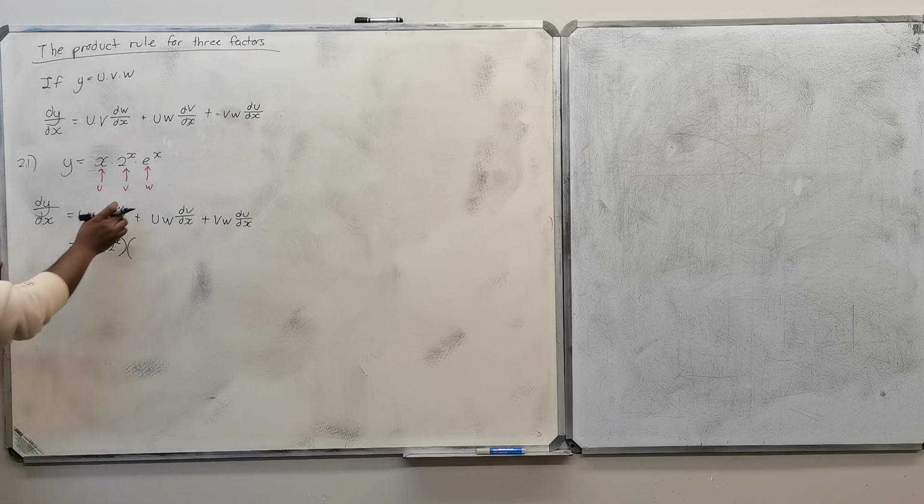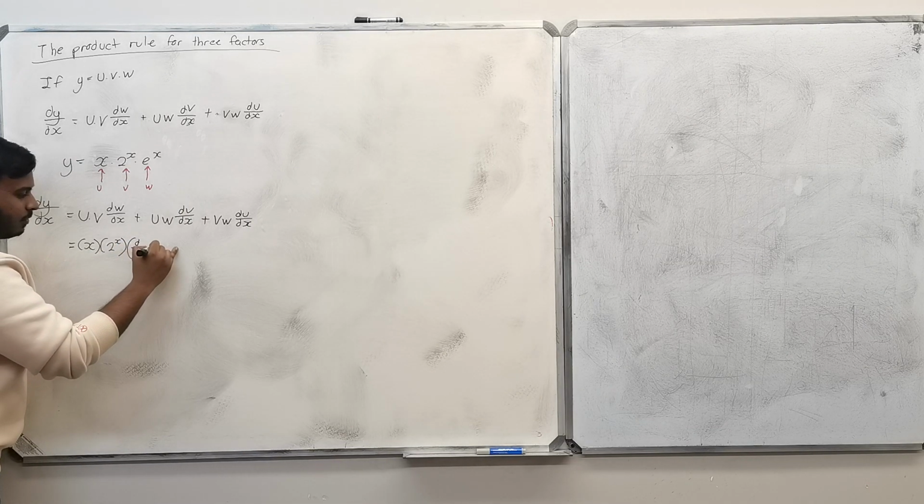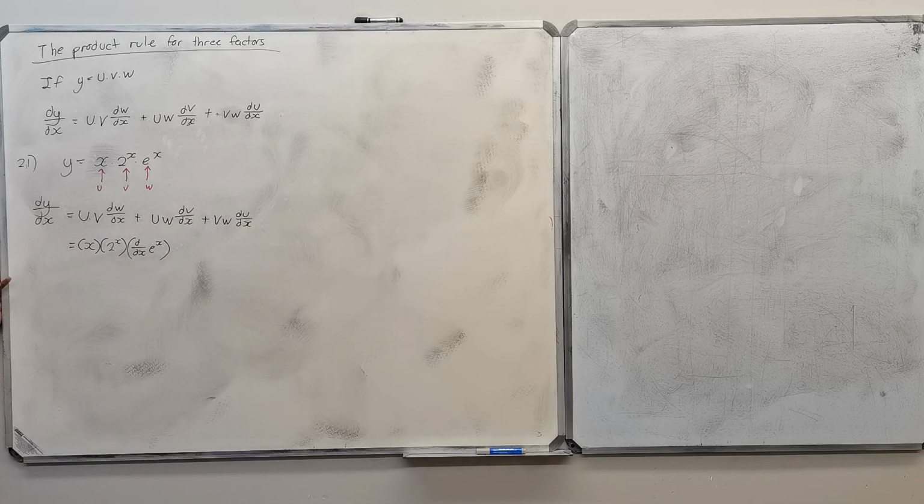So we replace the w with e^x, because that's what w is equal to. So you have d over dx of e to the power x.